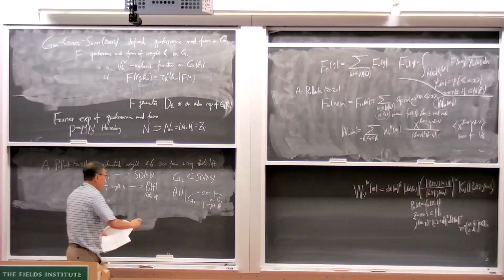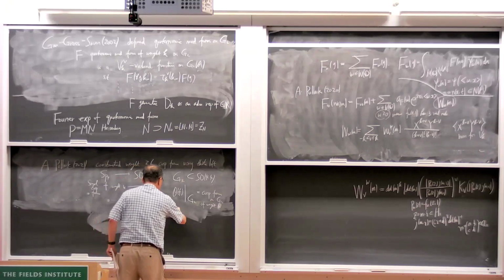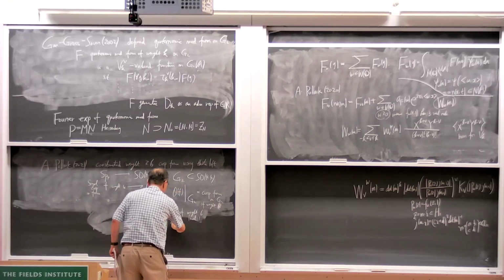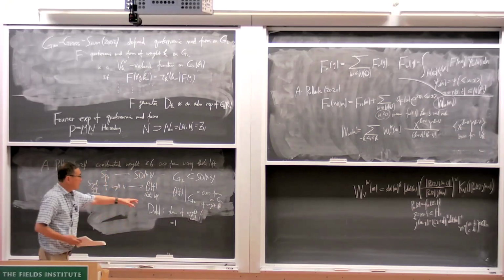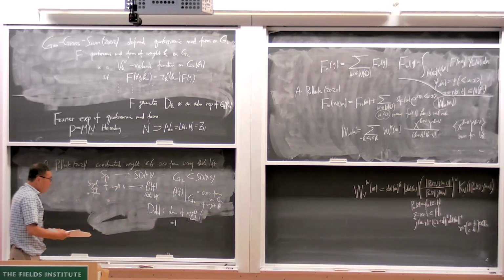So Dalal showed that the dimension of weight 6, level 1, is 1. So in the weight 6 case, you do get a Hecke eigenform. Okay.